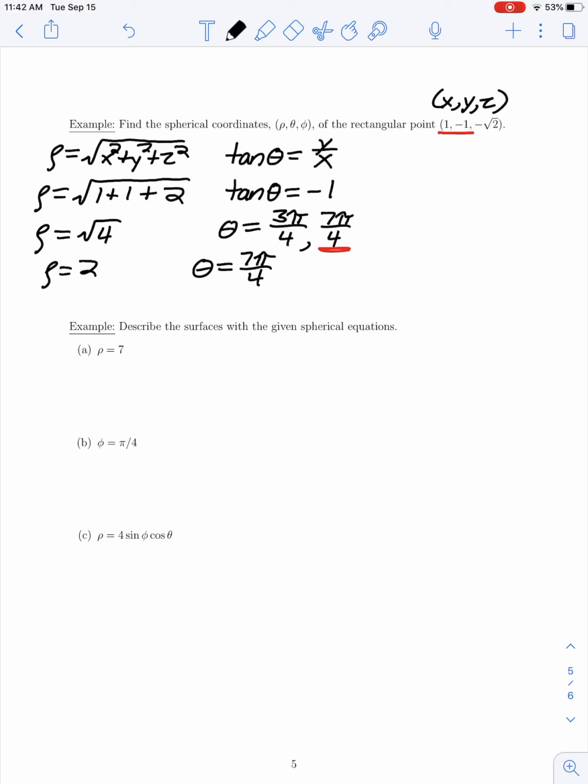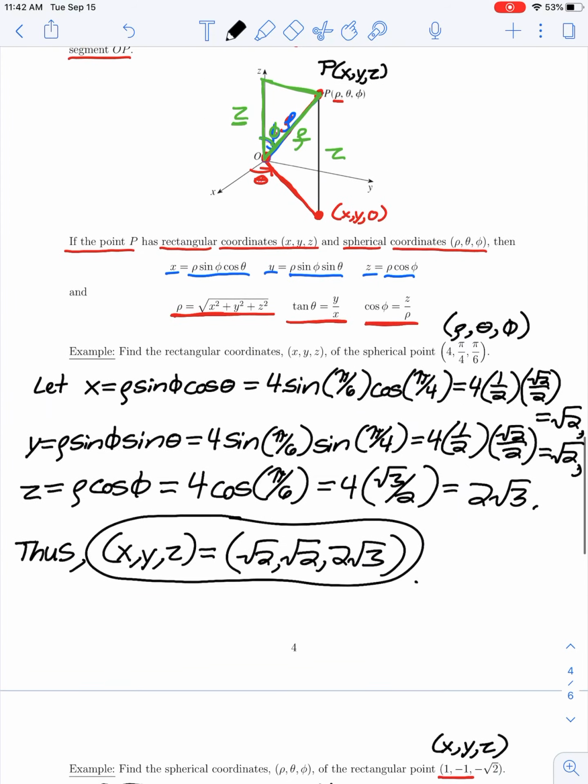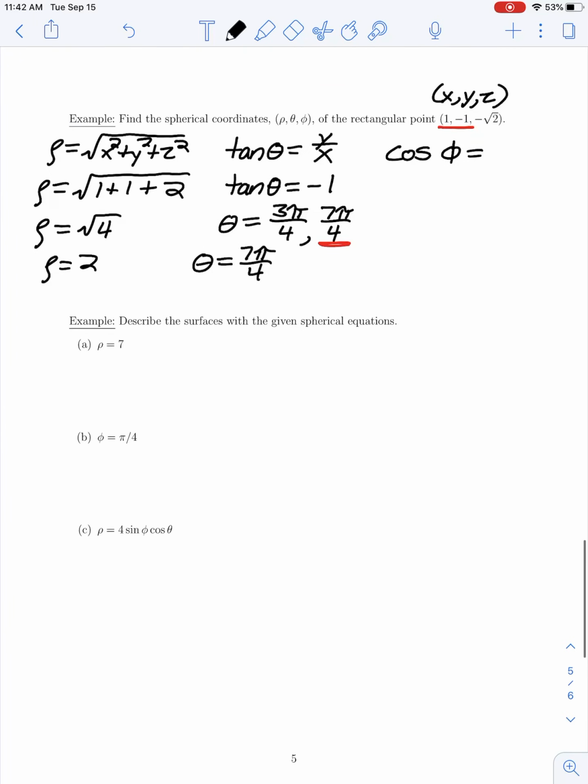And to find phi, we can make use of the fact that cosine of phi is equal to the ratio, let's see, what was it, rho over z or z over rho? So here we would have cosine of phi is z, which is -√2, over rho, which we calculated in the first part of the problem as 2. So cosine of phi would be -√2 over 2, or -1 over √2.